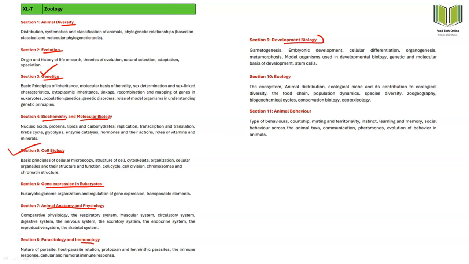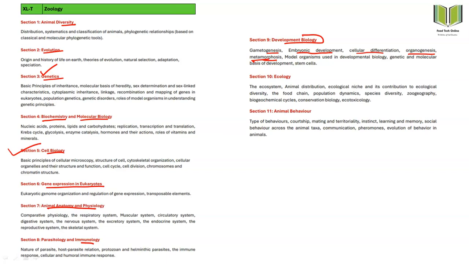Afterwards, developmental biology, in which we will be seeing the gametogenesis of various gametes, the sperm or the egg, from the different kinds of sexes involved in biology. Then embryonic development, cellular differentiation, organogenesis and metamorphosis, which is the most interesting part we are going to learn, and questions will be coming from it.